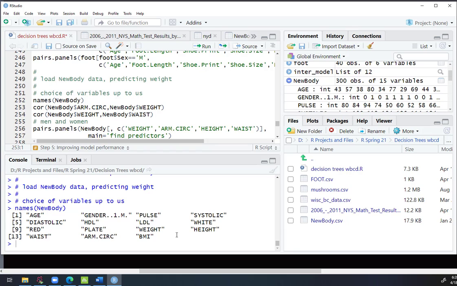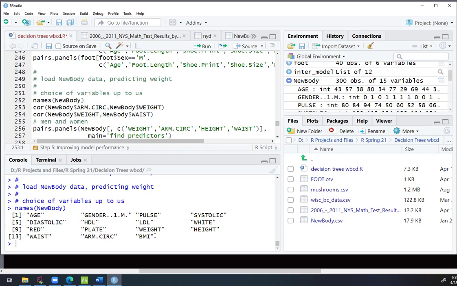When I see my features here, my variables, I want to predict weight, and my supposition right now is that probably pulse is not going to help me predict weight, and neither is the blood chemistry of high density and low density lipoproteins. I'm more apt to get help predicting weight from variables like height, waist, arm circumference, and BMI.